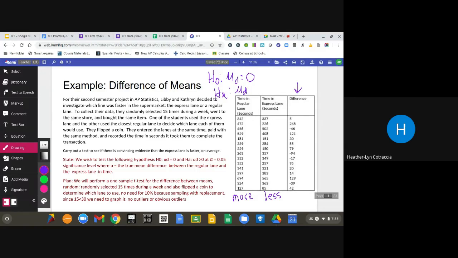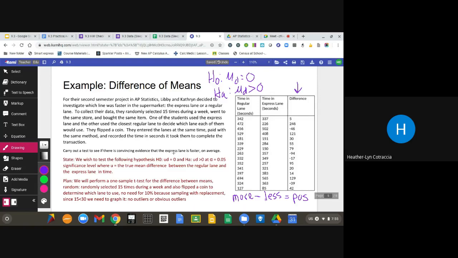The express lane should be faster, so it should take less time. If you subtract a number that's more minus a number that's less, you should get a positive number. So therefore, we are hypothesizing that our difference will be greater than 0.